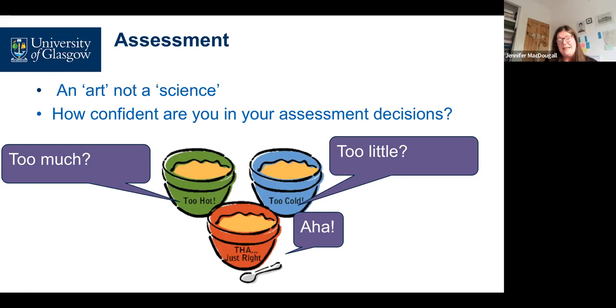I don't think it's really that helpful to be too confident in your assessment decisions. At the same time, you need to have a certain level of confidence in your assessment decisions. But I do get the feeling that some people who think they're always right in their assessment decisions aren't taking account of all the things that affect how they make that decision.